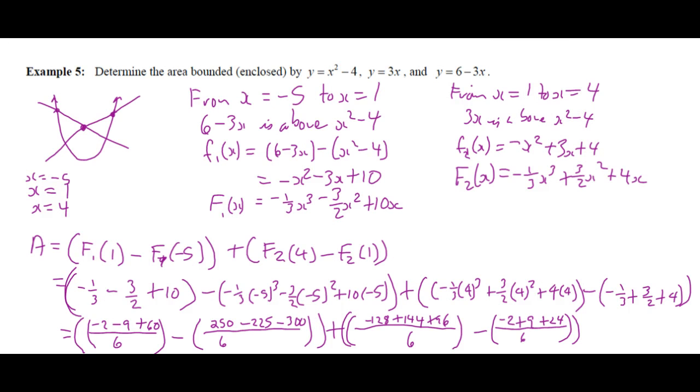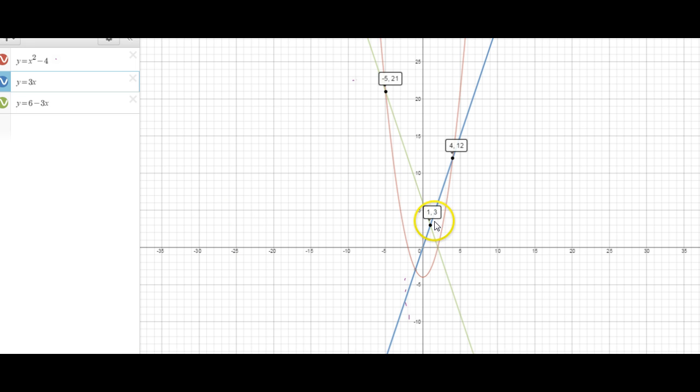So, yeah, I kind of messed it up a little bit, and it needed to be split at 1 and negative 5 and positive 4, because what I did was leave out this area in here.